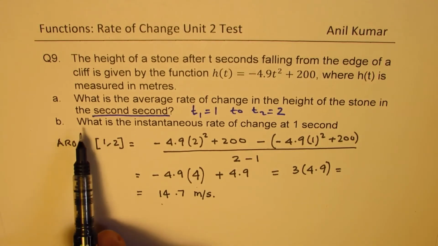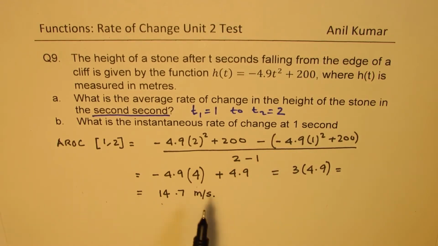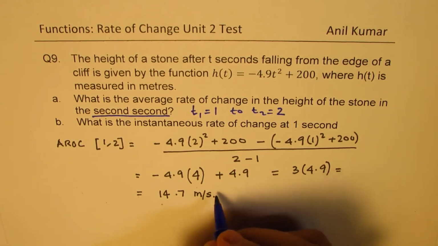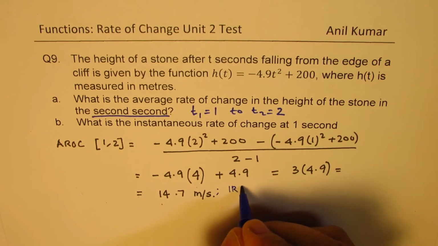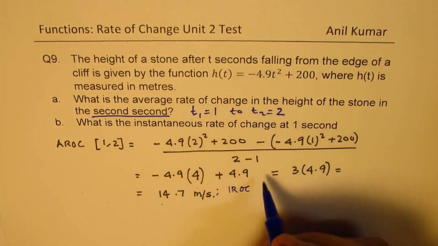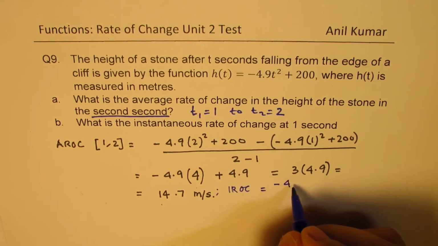Well, second part is what is the instantaneous rate of change at 1 second. So I didn't really leave much space here. Okay, so I'll use another ink and write down the instantaneous rate of change at t equals 1, right? So which will be equal to minus 4.9.